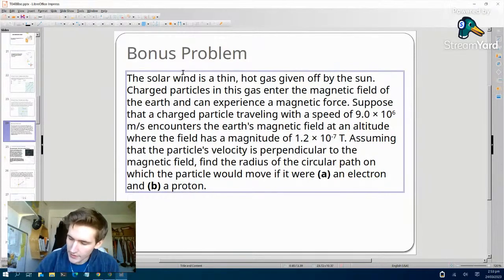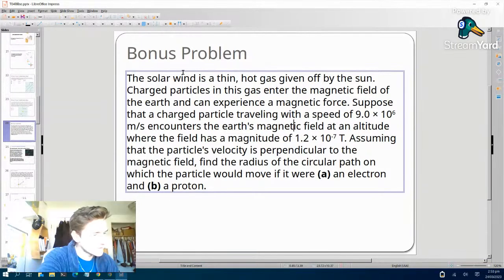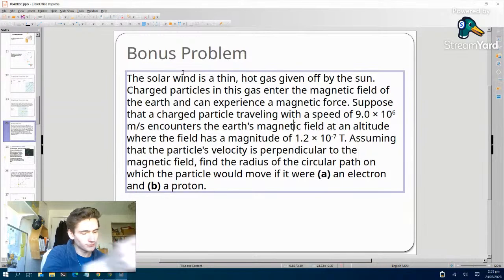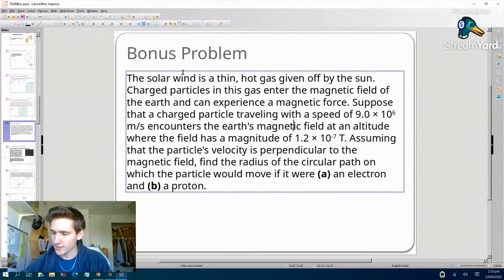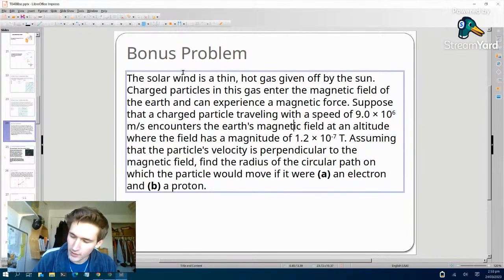Okay, so we know that the formula is F equals QVB sine theta. And so we know B, we know V, and we know the charge of an electron and the charge of a proton.